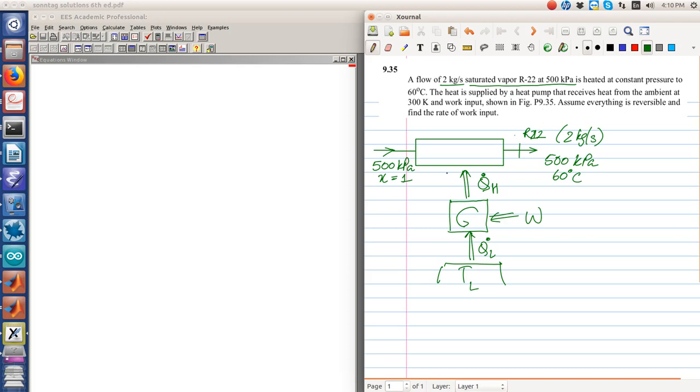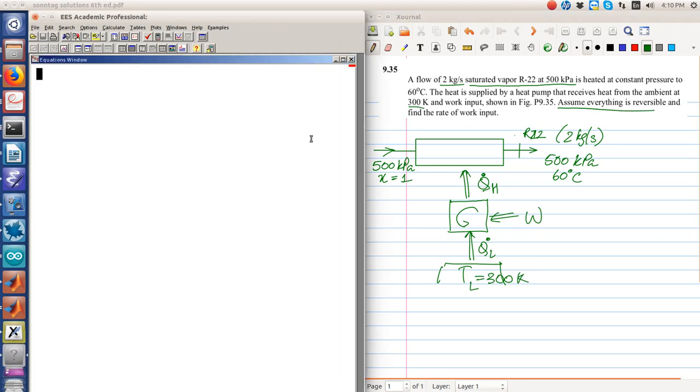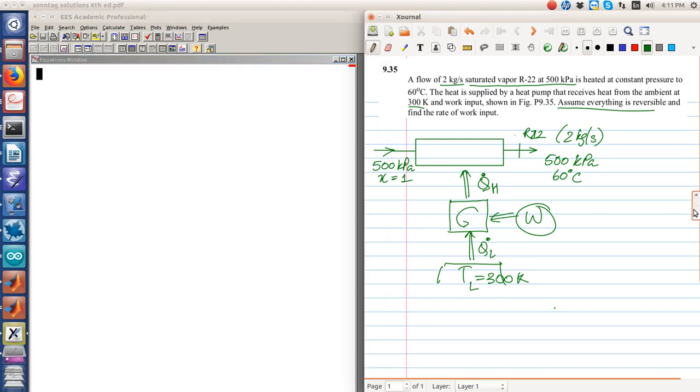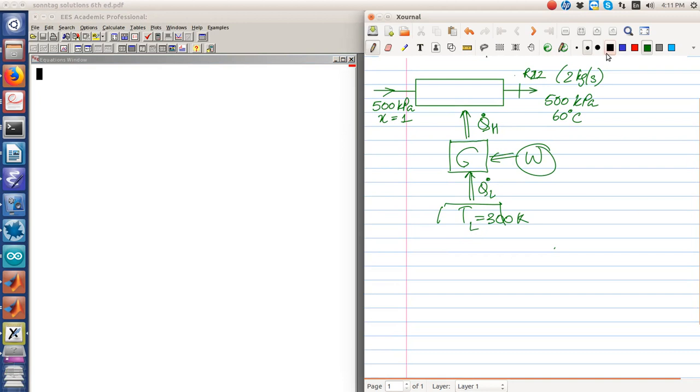The heat supplied by the pump is simply the difference in the enthalpies. That's very easy. The ambient is 300 Kelvin. We have to assume that everything is reversible and correspondingly find the work input. So first things first, control volume as the heat exchanger.